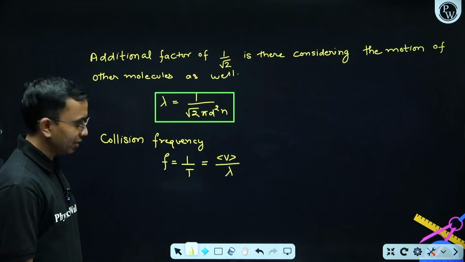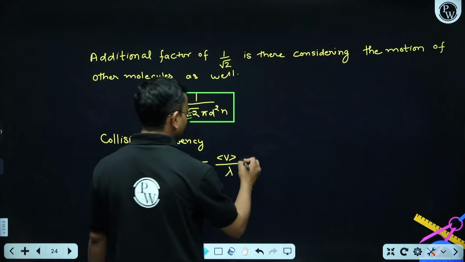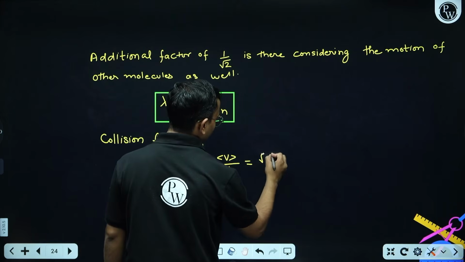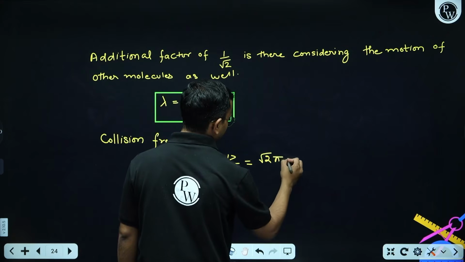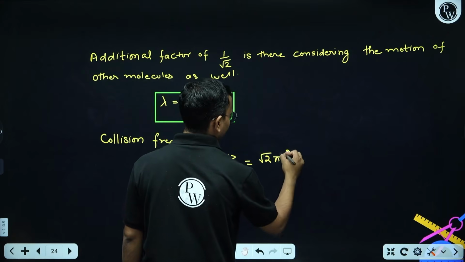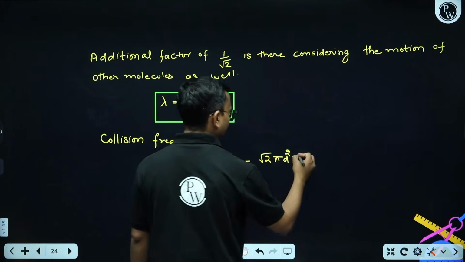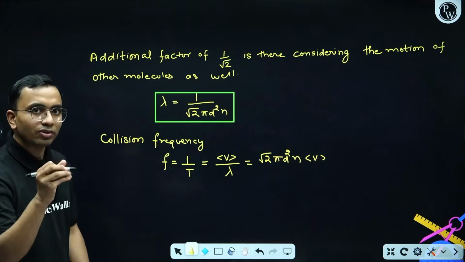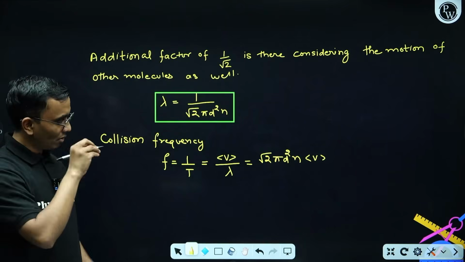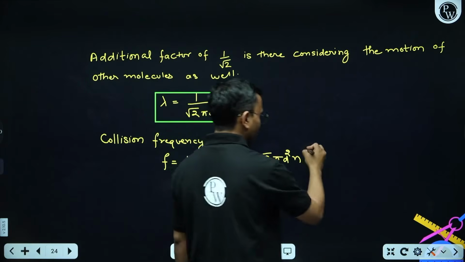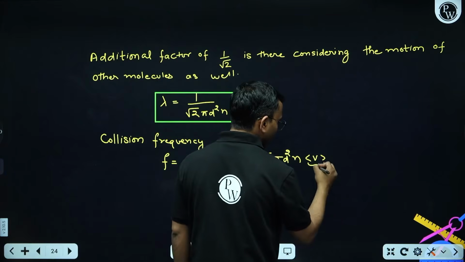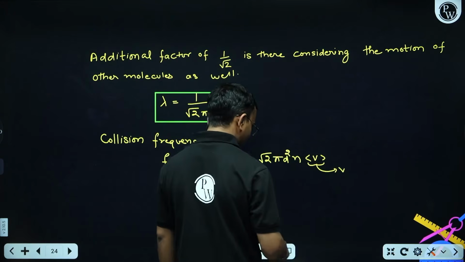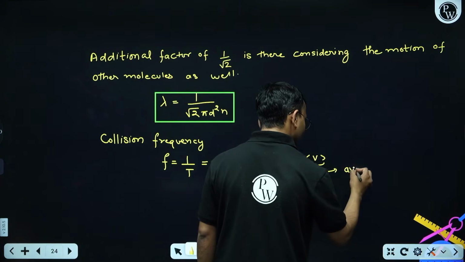So what is lambda? 1 by root 2 pi d square n, and into the average speed. When we write this symbol, don't get confused: it means the average speed.